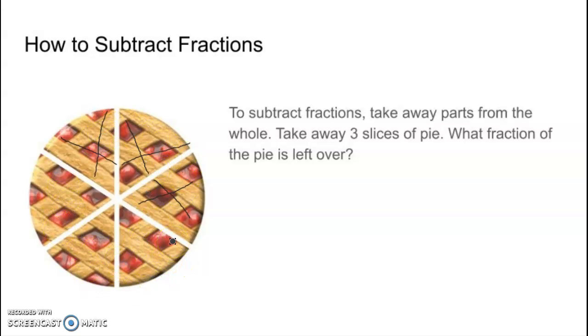And if we're talking about this in terms of fractions, we would say that we have 3/6 left, because 3 out of the original 6 slices were left over. So if you took away 3 slices of this pie, we would have 3/6 still left over.